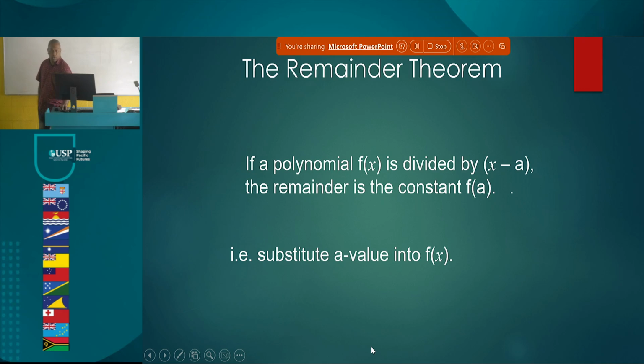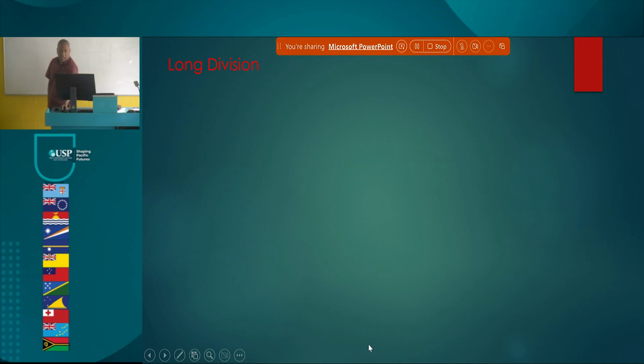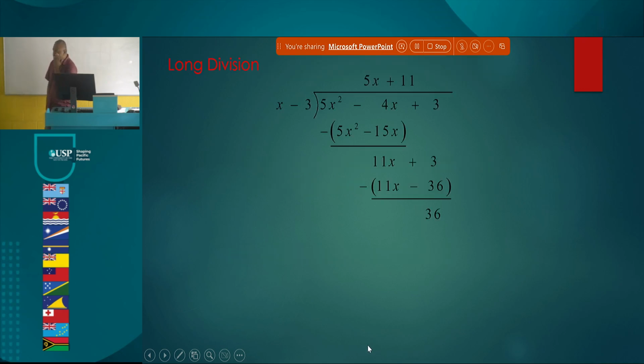So let's have a look at this. We are dividing 5x squared minus 4x plus 3 by x minus 3. So when we do the long division, we get a remainder of 36.